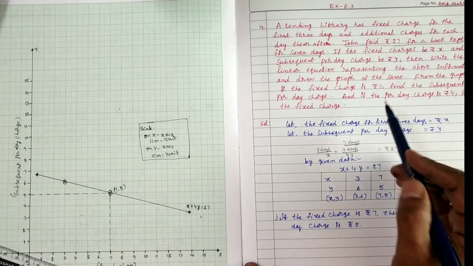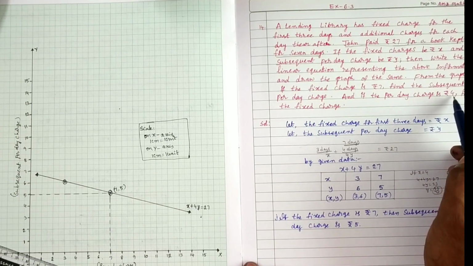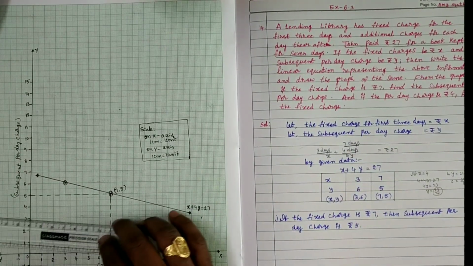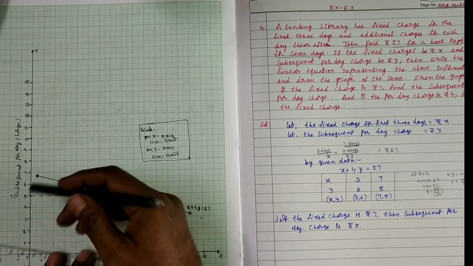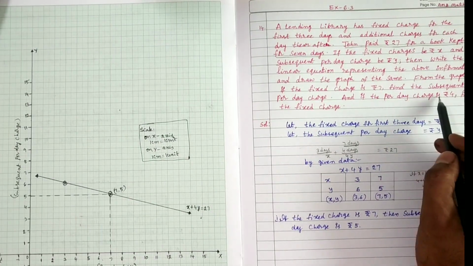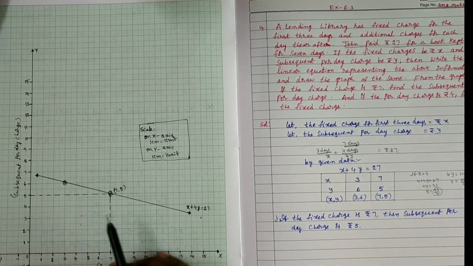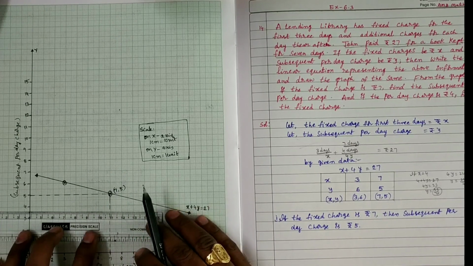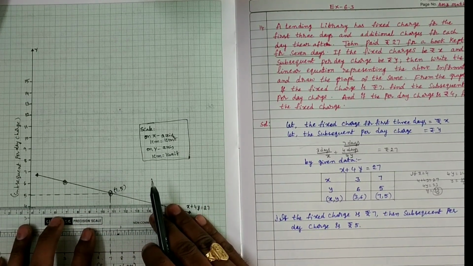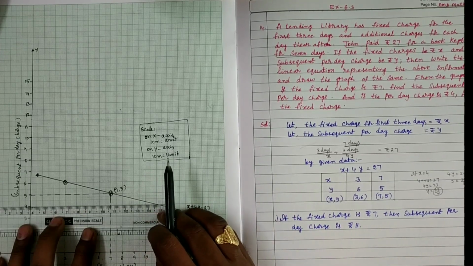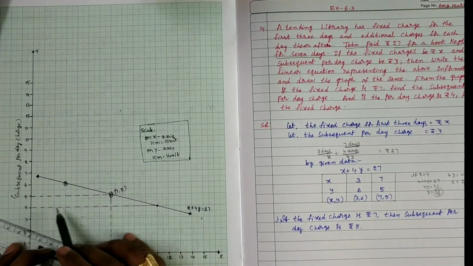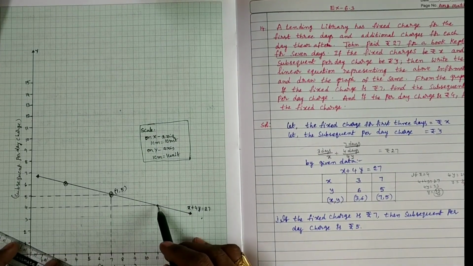And the second question is, if the per day charge is ₹4, find the fixed charge. So observe this graph. Subsequent per day charge indicates the y-axis. So the subsequent charge is ₹4. From ₹4, draw a dotted line to the line x plus 4y is equal to 27. They intersect here.